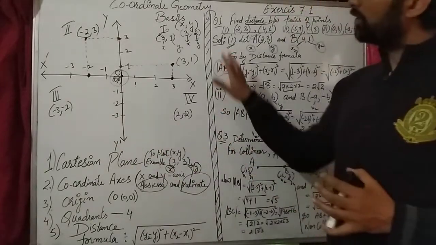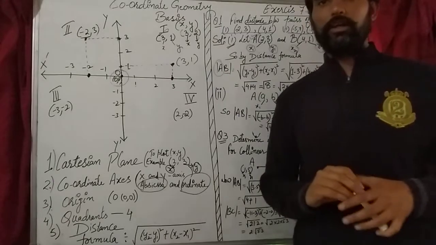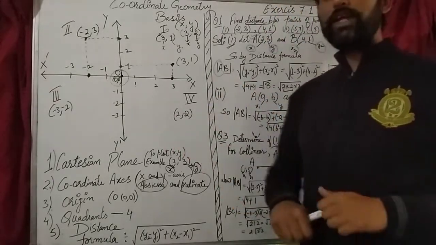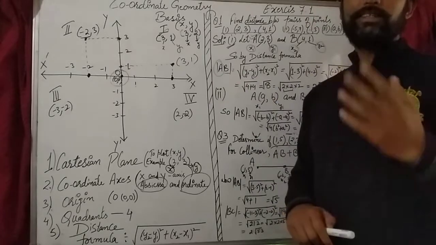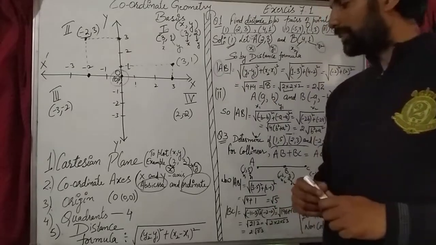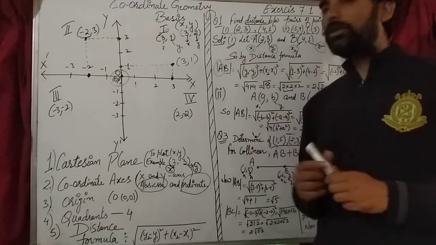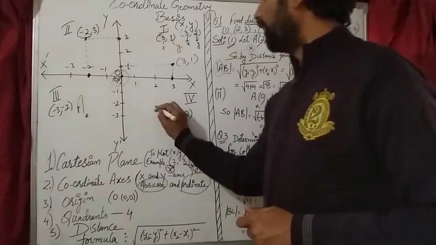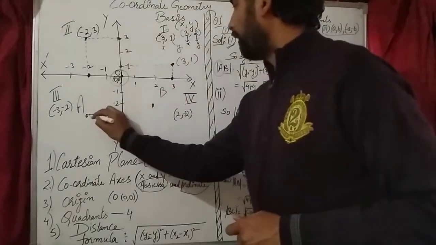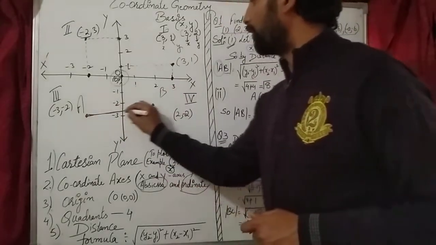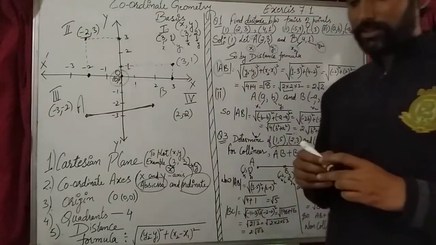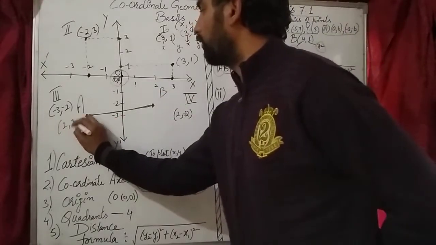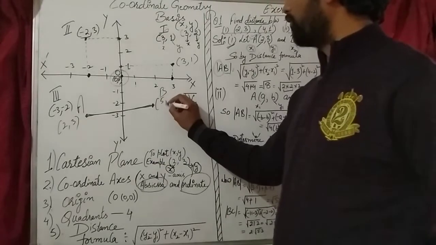Now, this is the simple basic of coordinates, but when we talk about the 10th class, the very first formula is the distance formula. What is the distance formula? When we talk about 2 points, suppose this is the first point A and this is the point B. This is called the distance between the 2 points. Whatever values are given for point A, let it be 2 comma 3, and for B let it be 5 comma 2.